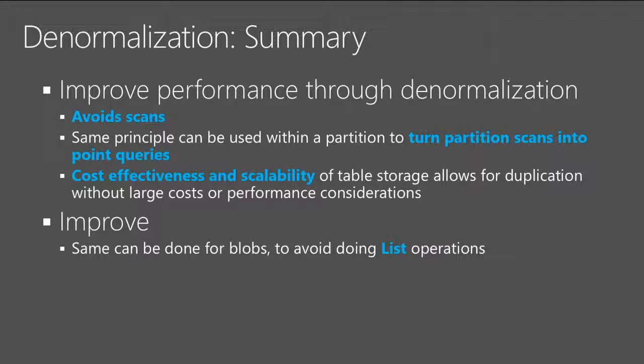But you also see this cost effectiveness and scalability of table storage allows for that duplication of data. So that's going to be okay. You can do exactly the same thing for blobs to avoid list operations if you're looking for it based on a different parameter. You may just want to create a copy of the blob with a different name based on what you'll actually be looking it up by.